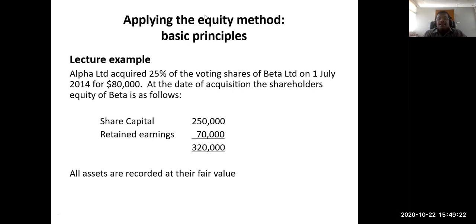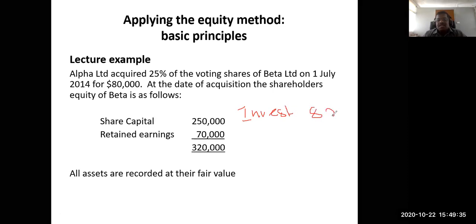So here what happened is basically the investment in associate is 80,000. That is the consideration. And the retained earnings are at fair value. That is net assets, equity. Equity is really 320, right?